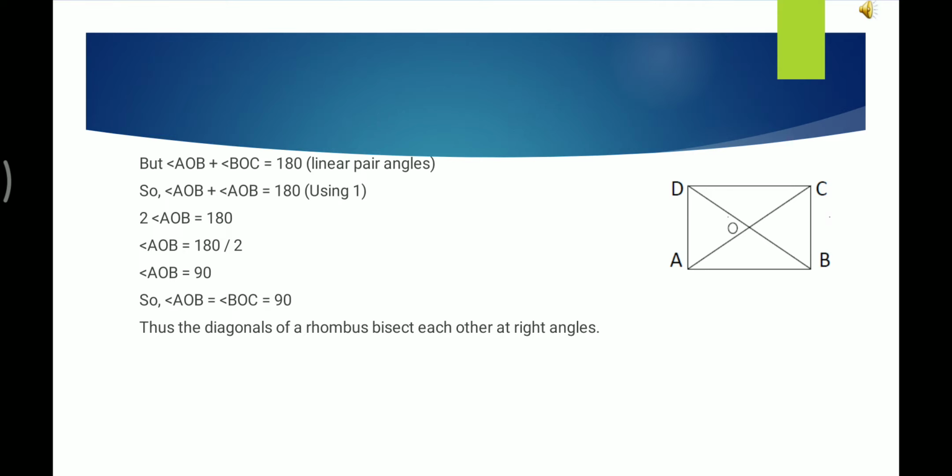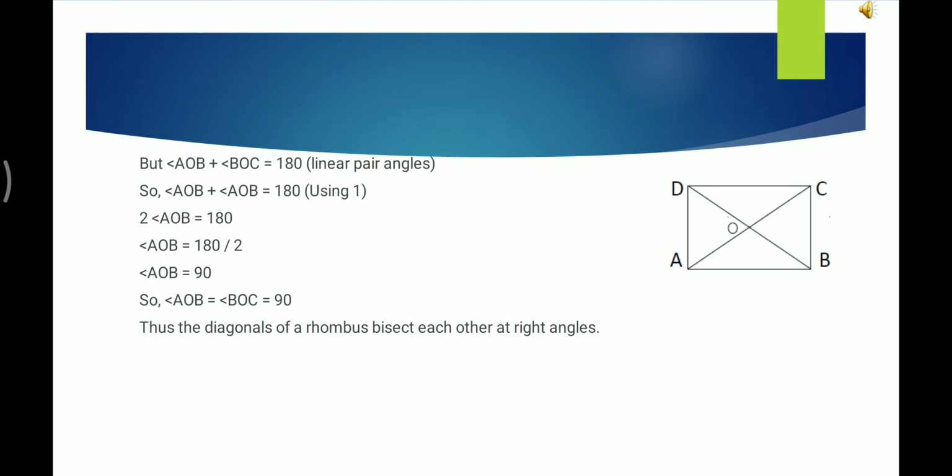In the previous slide we have shown that angle AOB is equal to angle BOC. Now again focusing on the figure, we find that angle AOB and angle BOC form linear pair angles. These two angles are adjacent as well as supplementary, that is their sum is equal to 180 degree.